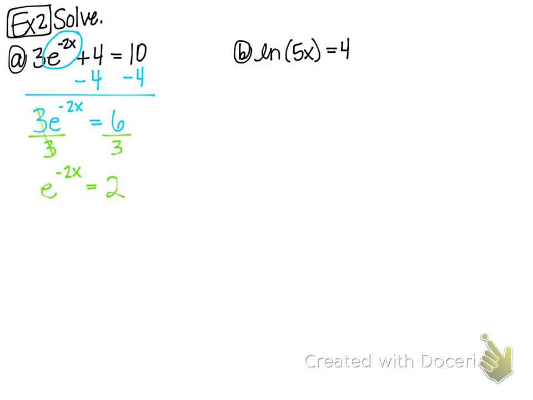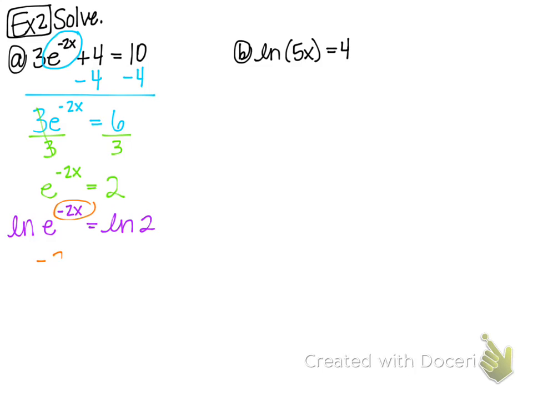Okay, now, here is where we need to use those properties. If you're left with an e, you're going to use natural log. So, since we have an e, just like before when we took logs of both sides, we're going to take the natural log of both sides. So we have natural log of e to the negative 2x is equal to natural log of 2. Now, from the property that we just talked about, this is all that's going to be left on the left-hand side.